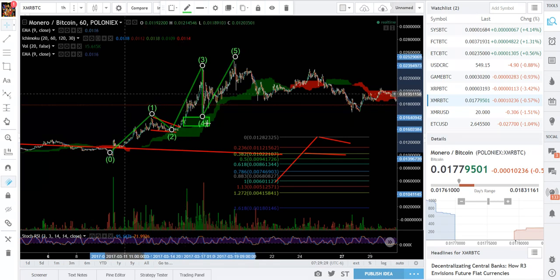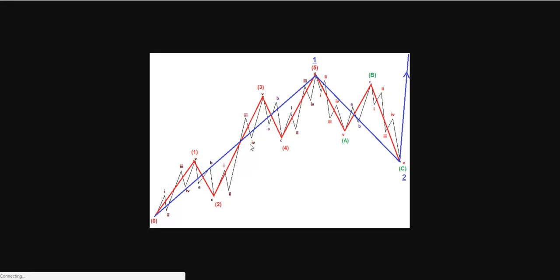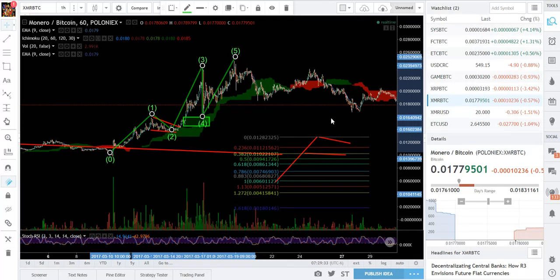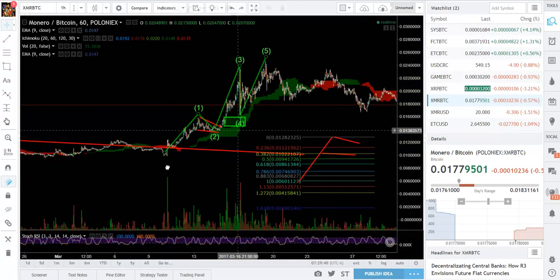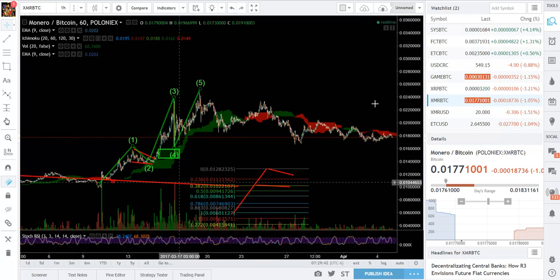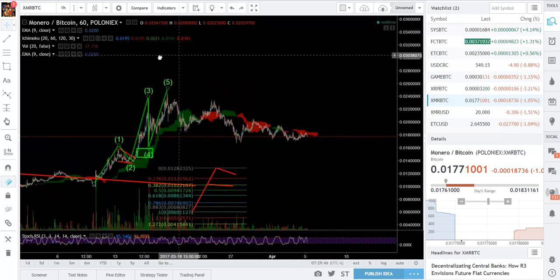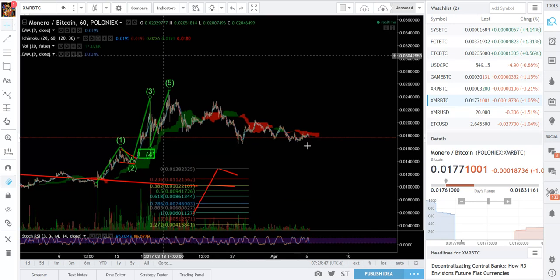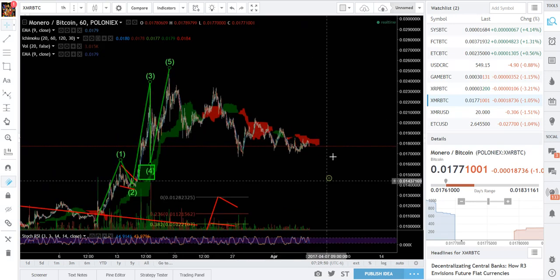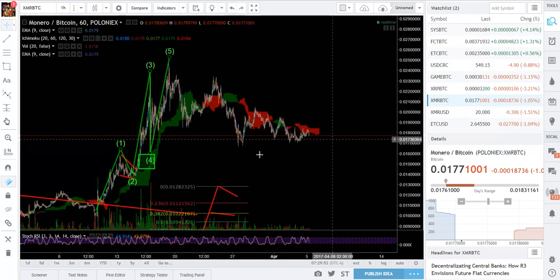But all that really did was give us a large blue 1 and a 2. Because remember, we just looked at this on like a 3-day, and it held a retracement right in this area. Now so far, this thing's having a hard time clearing this hourly cloud, but we'll see.